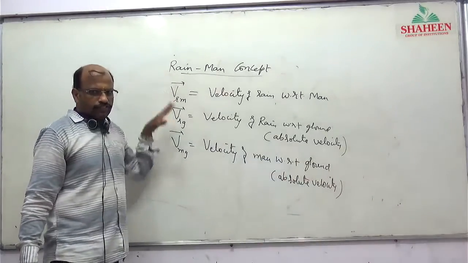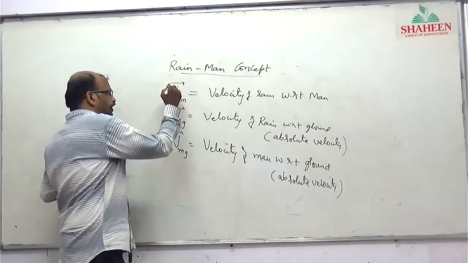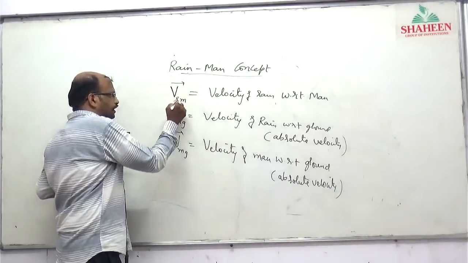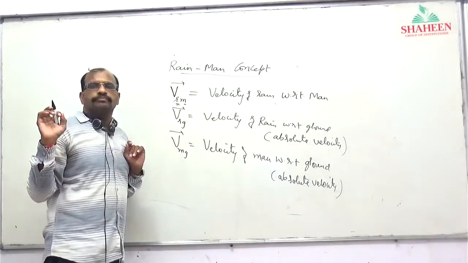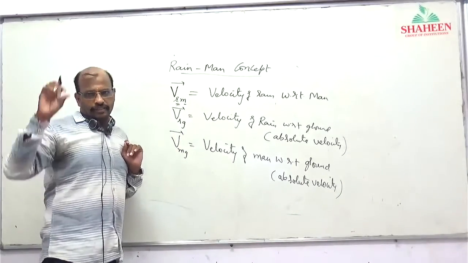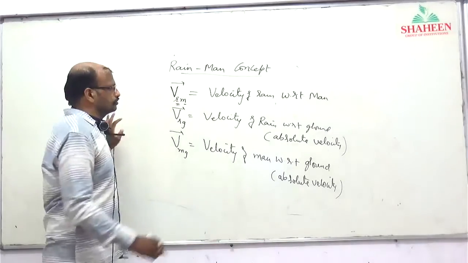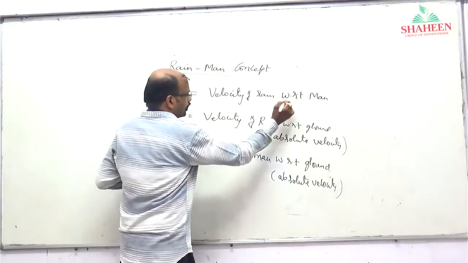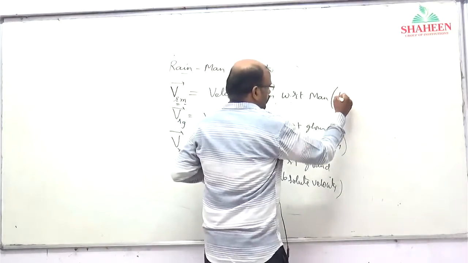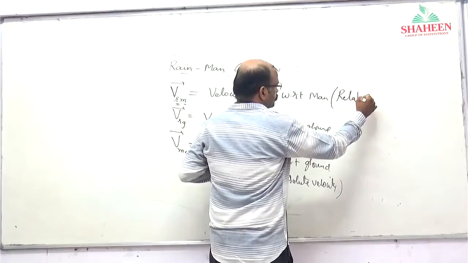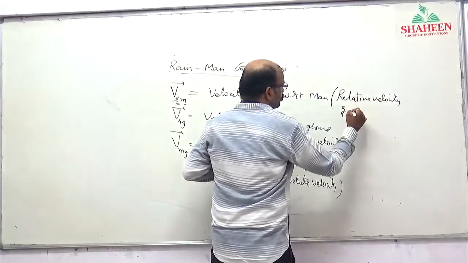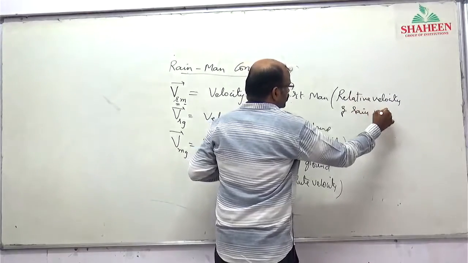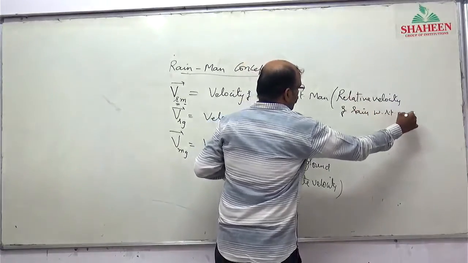Please write down these points first. VRM vector. R means rain here, not river, M means man. So velocity of rain with respect to man, this is the relative velocity of rain with respect to man.